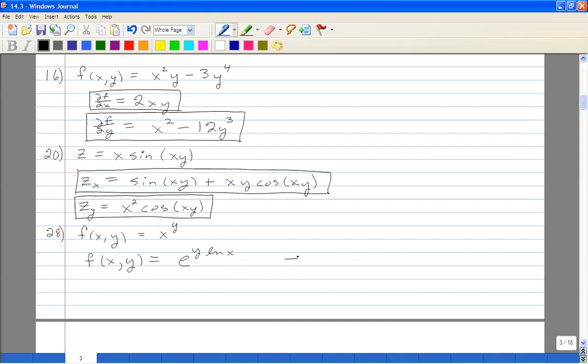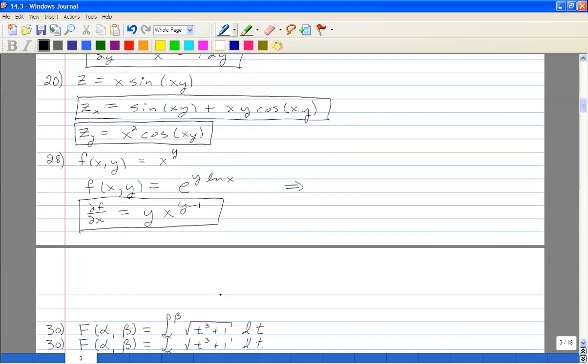Okay, so let's take the partial with respect to x. Well, first off, y is a constant. And so the derivative of x to a constant is just that constant times x to the power of 1 less. So that's your answer.